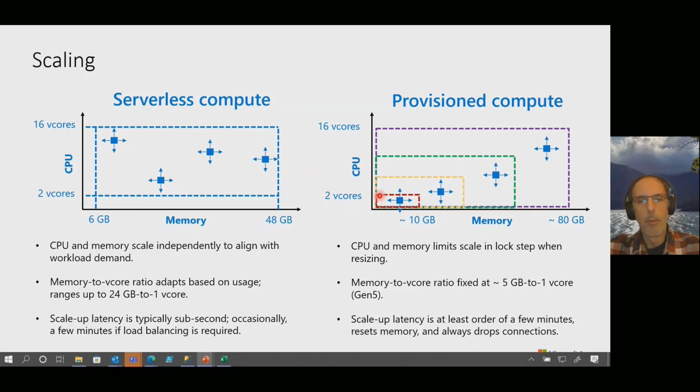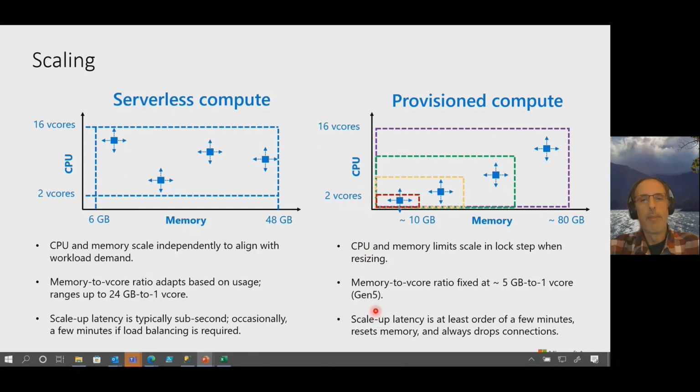Now, suppose at a later point in time, the same database hits a bottleneck. So here again, the burden shifts to the customer to first identify that a bottleneck has occurred, identify what resource is causing the bottleneck, and then finally make a decision as to what amount of compute to actually scale to.